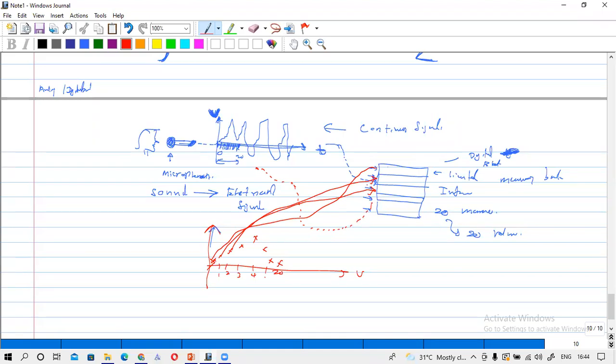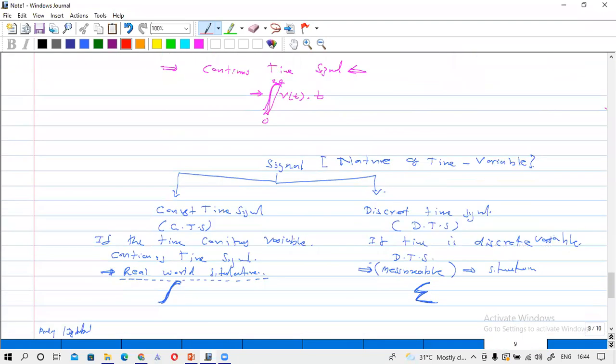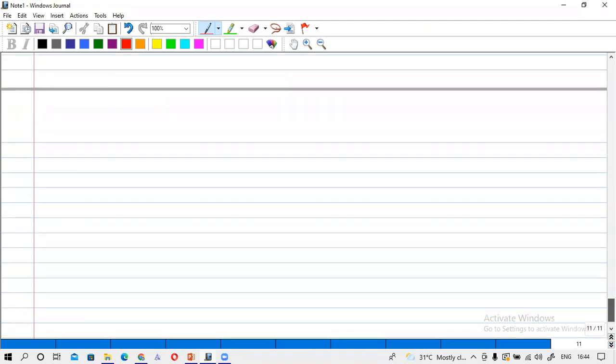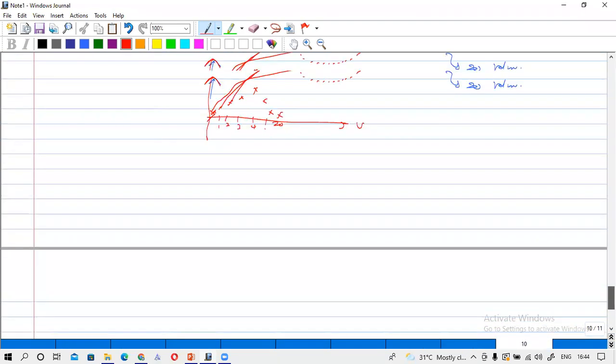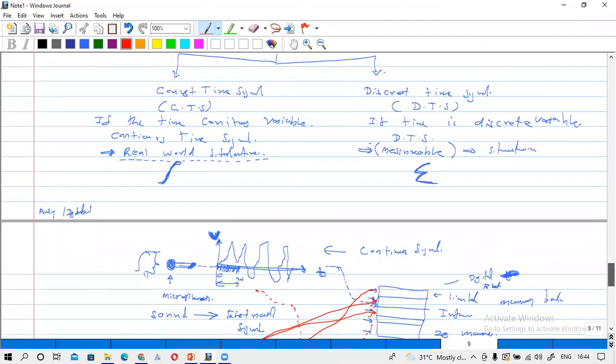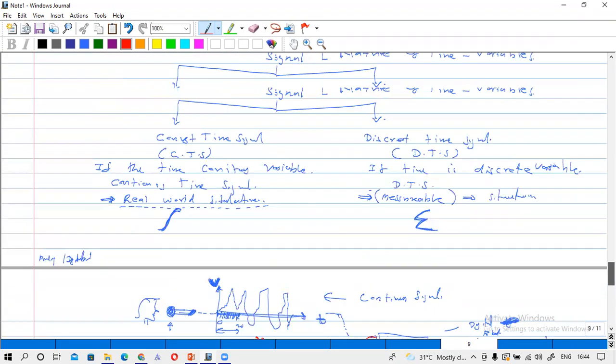That is the idea you should get. That is one signal classification. I'm trying to give you an idea of how these types of signals are important in practical life.